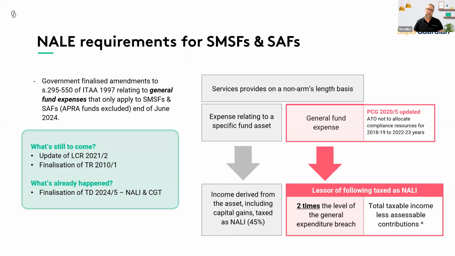So we're waiting on that update of LCR 2021/2, and we're also waiting on the finalisation of the update of tax ruling 2010/1, because both of those, whilst LCR 2021/2 is all about non-arm's length expenditure, TR 2010/1 has a couple of interesting elements, largely around in-specie contributions, but also some other comments that were in the final draft that will potentially have some consequences for super funds if we don't get clarity when those final rulings are released.